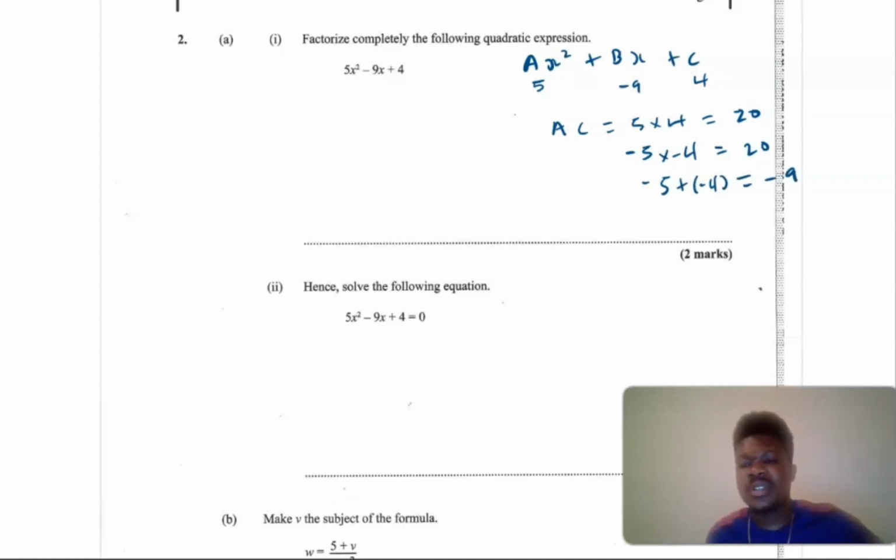So we're going to add the variables now. It's going to be -5x minus 4x, which is -9x. So we're going to replace this right here, where we see -9x. For this one, it is trial and error. As you see, when I got the 5 times 4, this gives us +9, and I wanted -9, which I should have just reverted to, realizing that it's both negative.